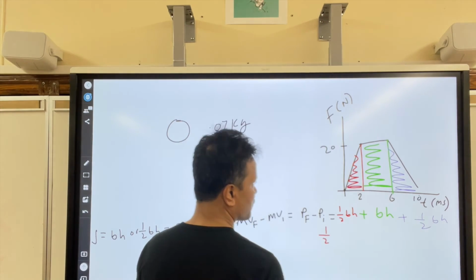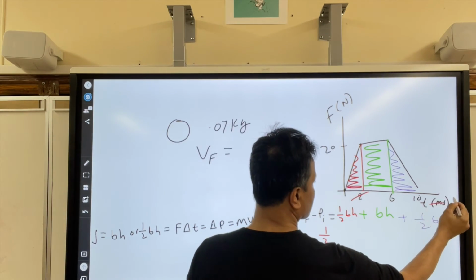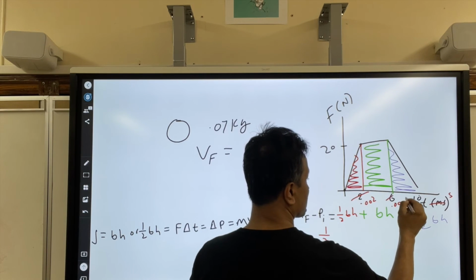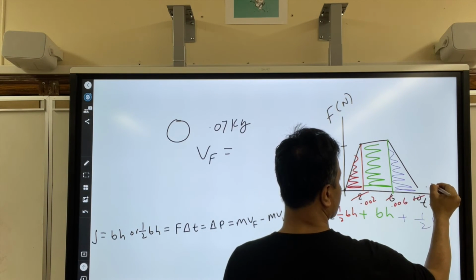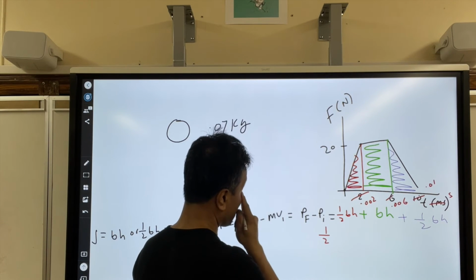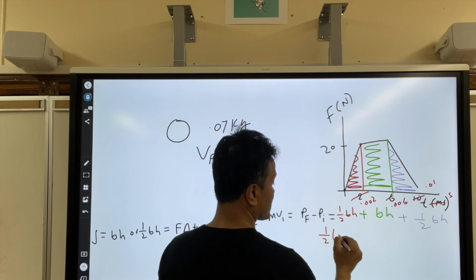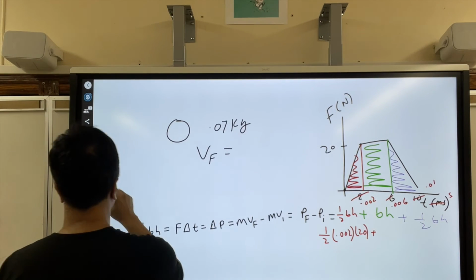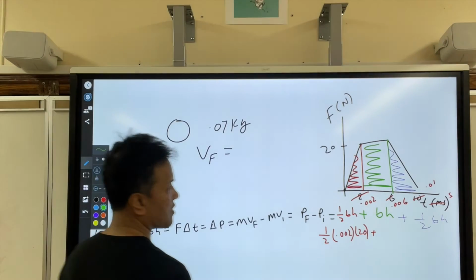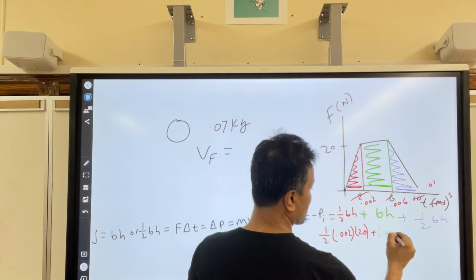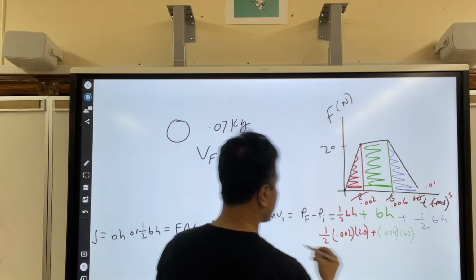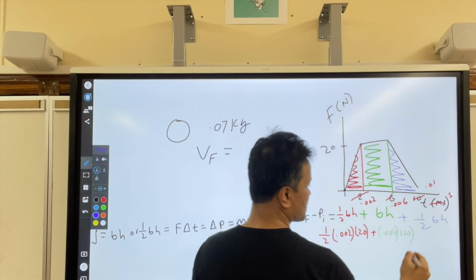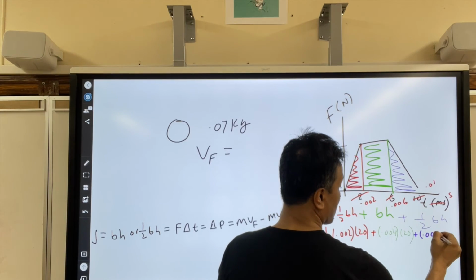Before you do anything, convert it to second. 0.002, 0.006, 0.01. So the base is 0.002, height is 20, plus base is 0.004, height is 20, plus base is 0.004, height is 20.